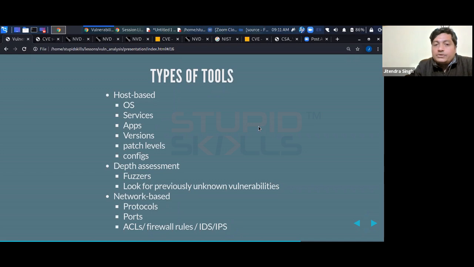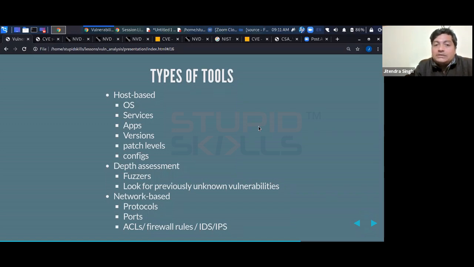Okay, and under host based, you would see that it would help you in detecting OSs, services, apps, their versions, even up to the level of patches, the patch levels, and also the information on configurations. Also, some of the tools are network based, and they collect information on protocols, ports, access control lists, firewall rules, and various rules from IDS and the detection and prevention systems.